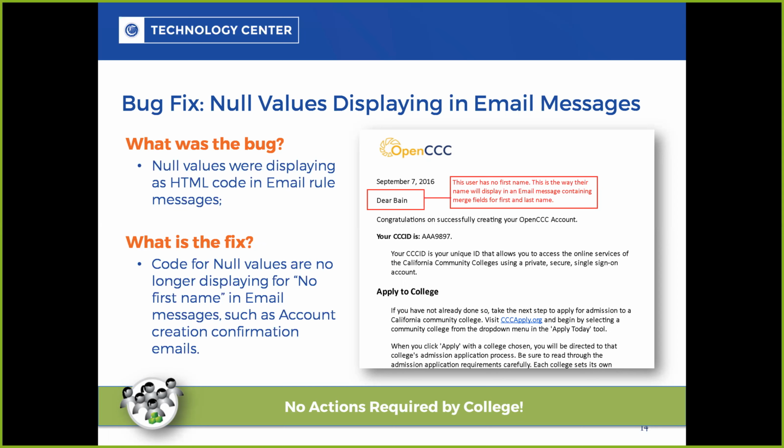Well, if that field happens to be first name, it was kind of messy. We were showing this HTML code field, like dear merge field code Bain. This is a real small thing, but we just want to show you that we've cleaned that up. Any null value fields, if you use those in an email message, will not appear as HTML code.